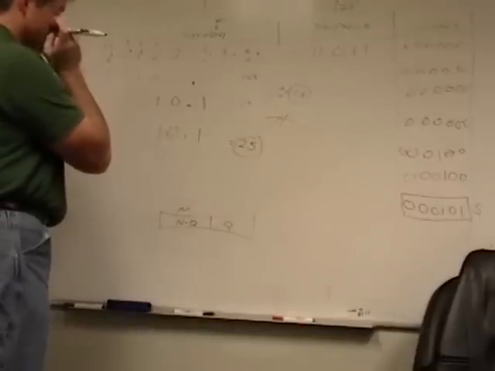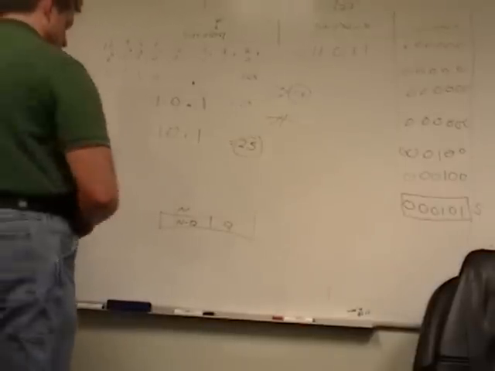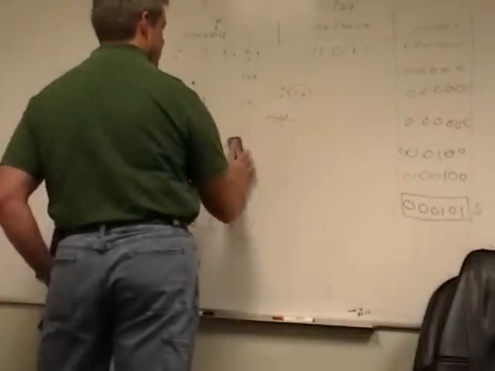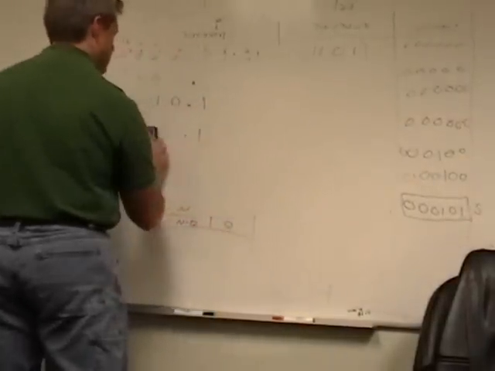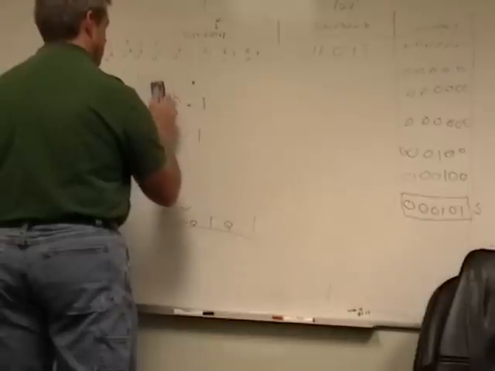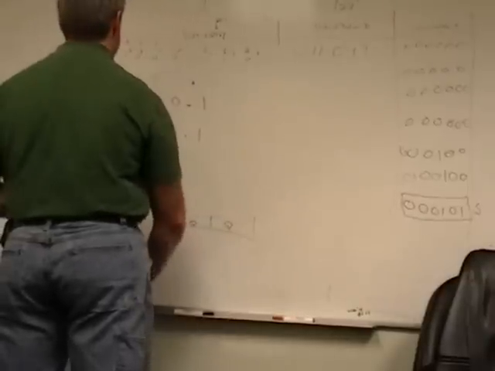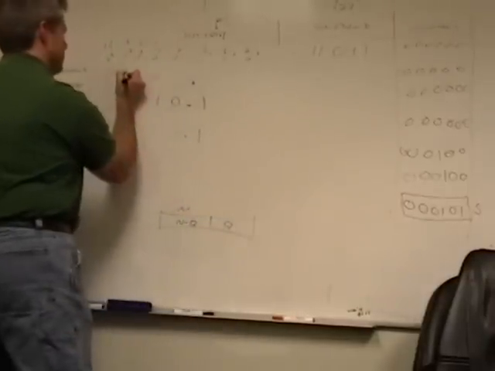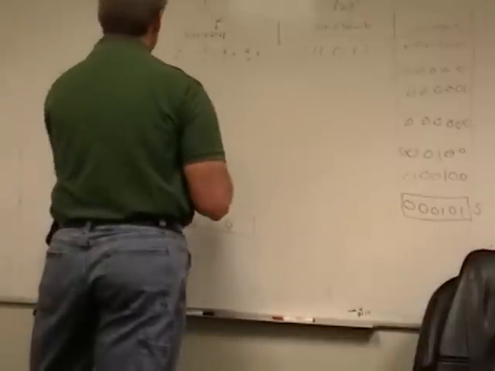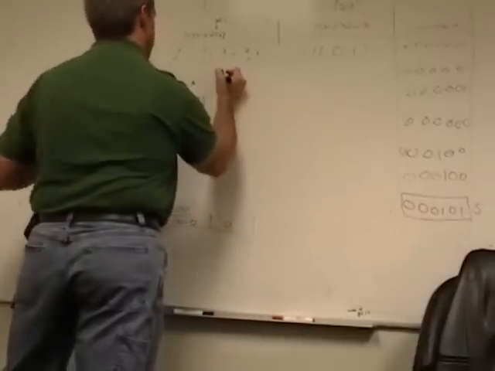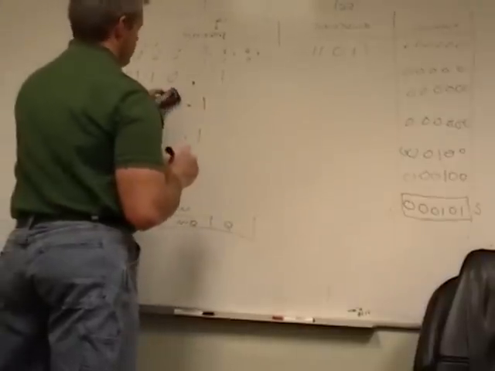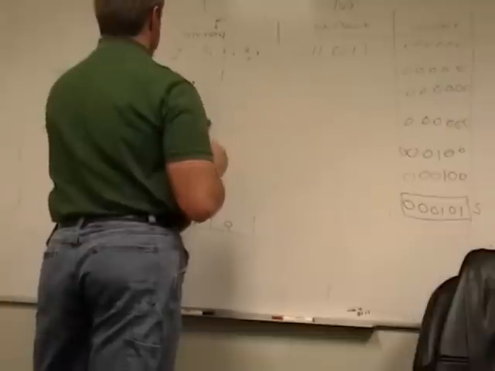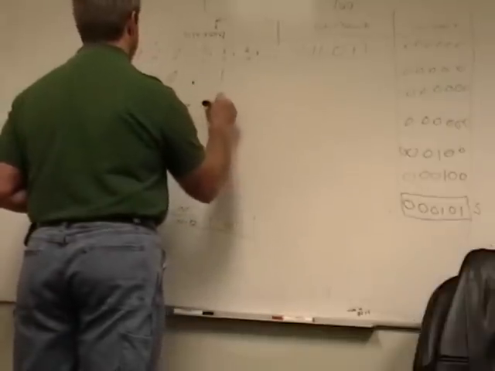Well, let's try this again. What happens if I move my bits one more to the right? So what if this becomes a 0? 1 1 0 1 1 0. And so to keep my format the same, this becomes a 1 0 1.